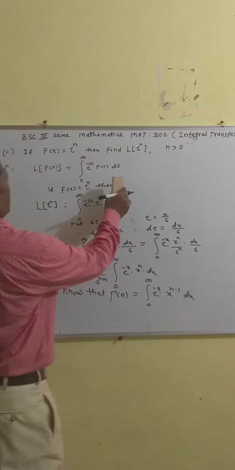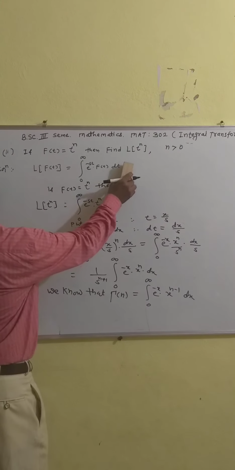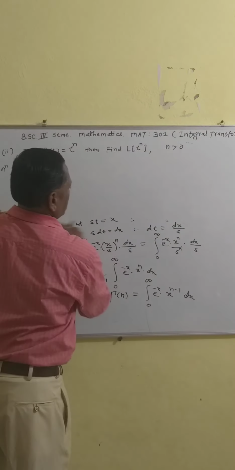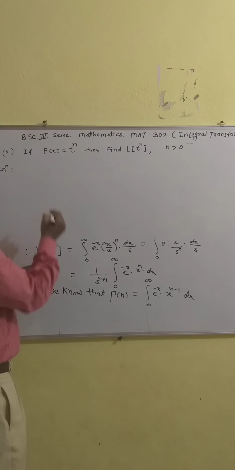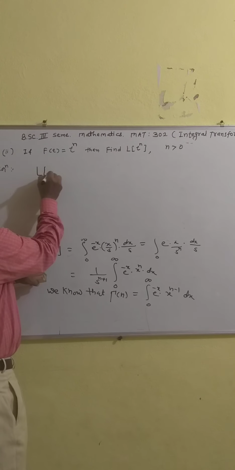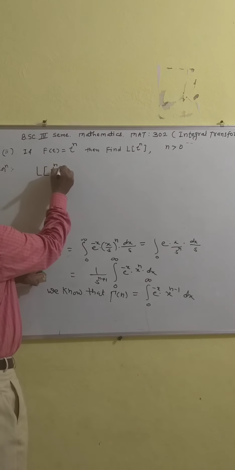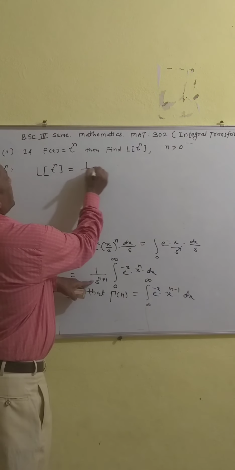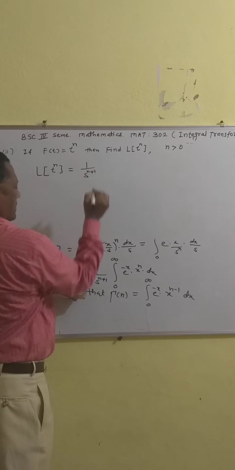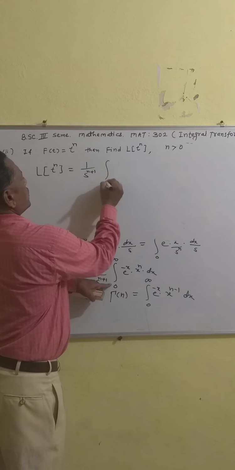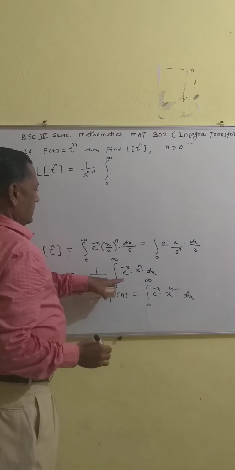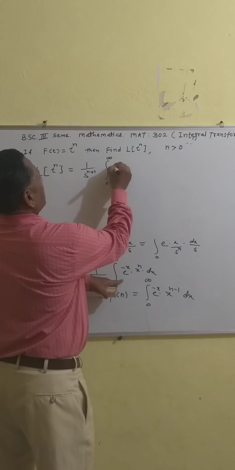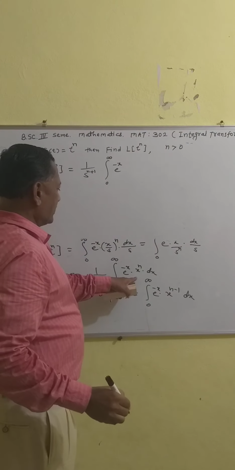Therefore I will write here, Laplace transform of t raised to n is equal to 1 upon s raised to n plus 1 integration going from 0 to infinity e raised to minus x and x raised to n.